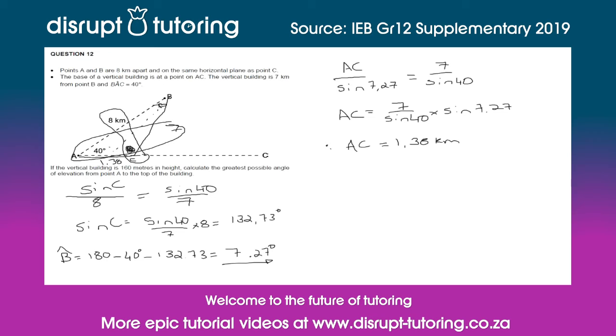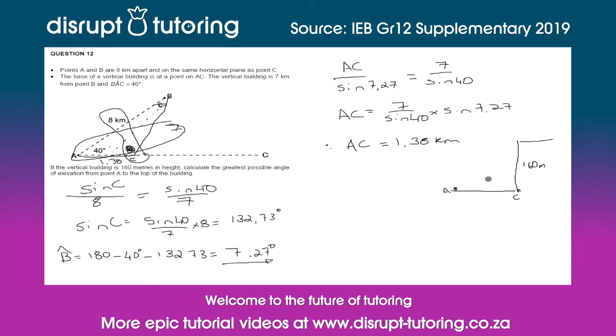Now we need to use the other part, because it's a building and it has height. If you imagine looking at it from the side, if this is point A and this is point C, the height of the building here is 160 meters.